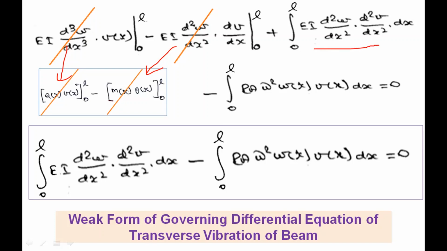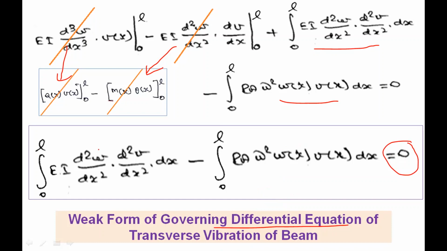So we get only two parts: integral 0 to L EI d square w by dx square, d square v by dx square dx, minus integral 0 to L rho A omega square w of x v of x dx, equal to 0. The right hand side is 0 because of free vibration. This is called the weak form of the governing differential equation of transverse vibration of a beam.